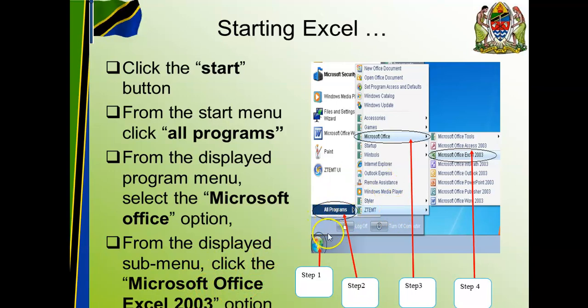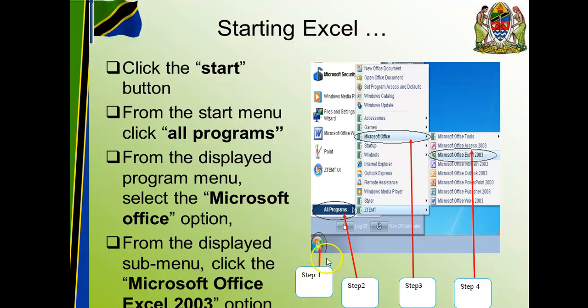So this one is the first step. For example, this one is for Windows 7. Also there is the start button for Windows 10. So you click on this window button or start button.